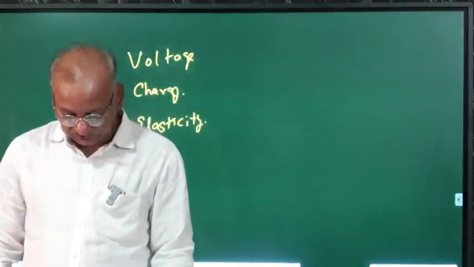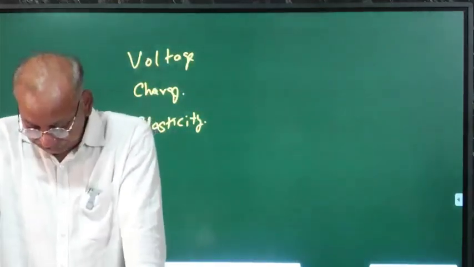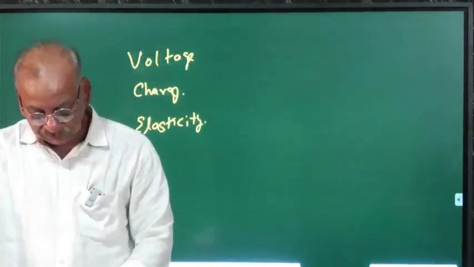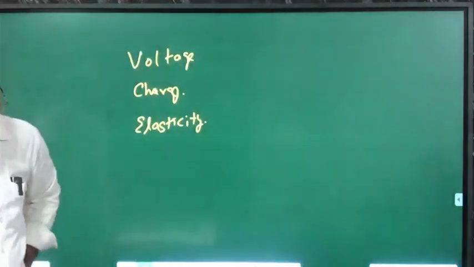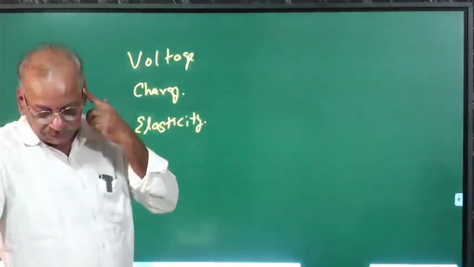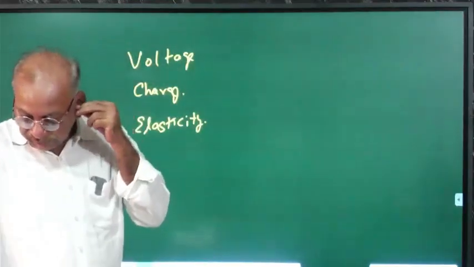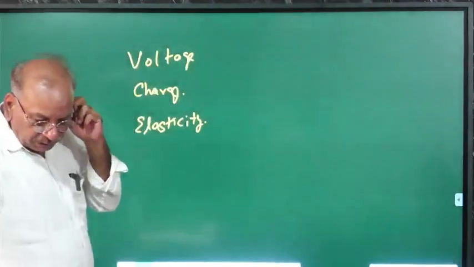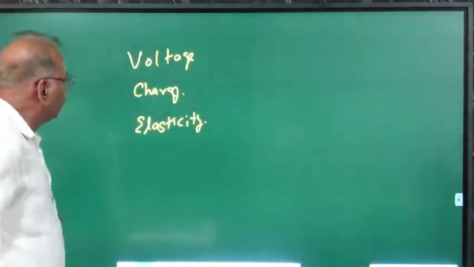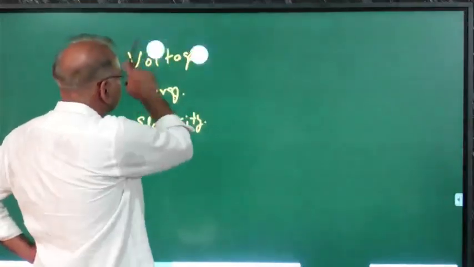So I think this chapter is almost finished. One thing is there: use of dimensions, conversion of units, and deriving relations among the physical quantities. With the help of dimensional analysis, one method is there that is called dimensional analysis.